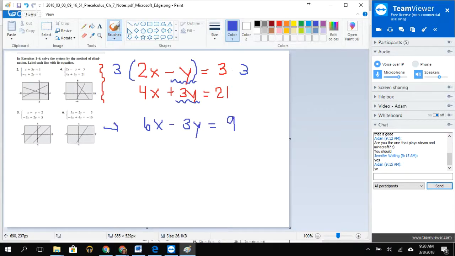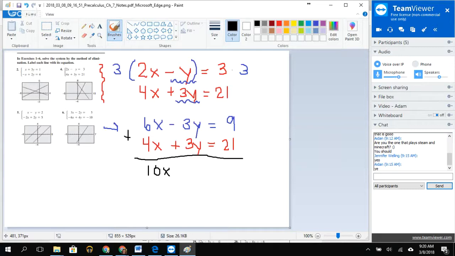Okay, and our second equation stays the same, right? It's still 4x plus 3y equals 21. But by multiplying by that constant of 3, I have a positive 3y and a negative 3y. So if I add my two equations together, I get 6x plus 4x is 10x, right?